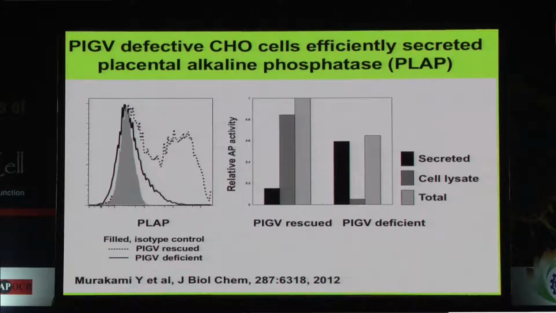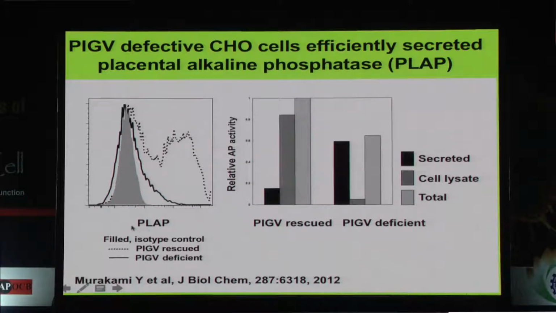Since the biochemical feature of Mabry syndrome is hyperphosphatasia, we studied the mechanism of why the alkaline phosphatase is secreted into the blood. We used a model system, again the PIGV defective CHO cells, and the placental alkaline phosphatase, which is a GPI-anchored protein.